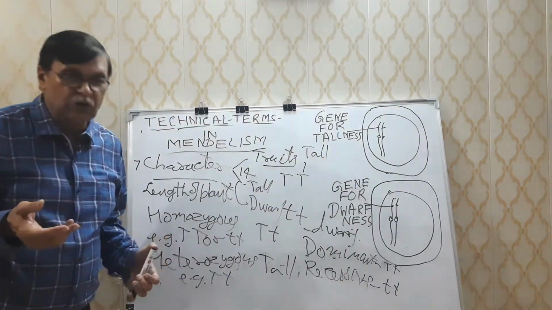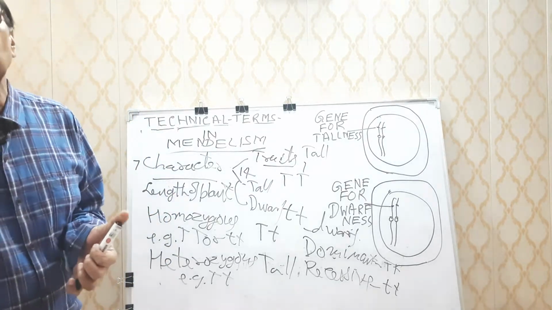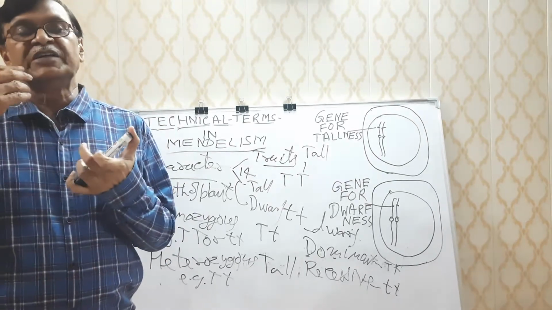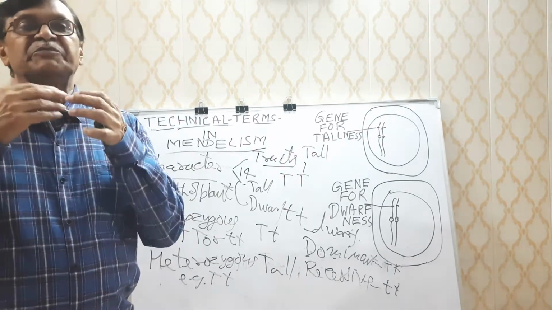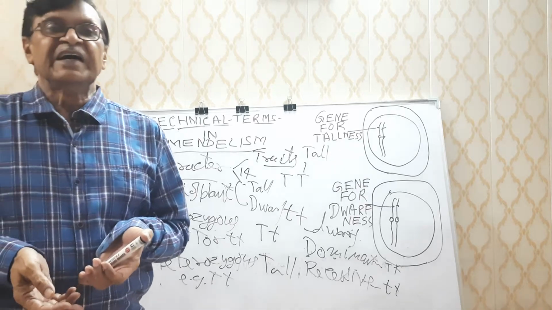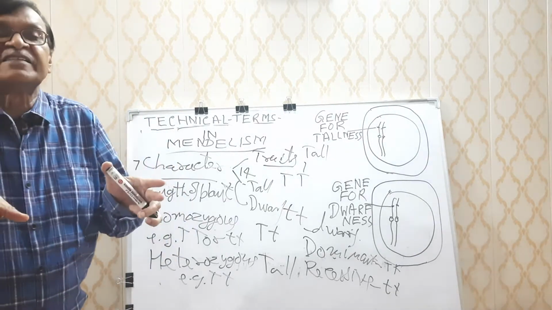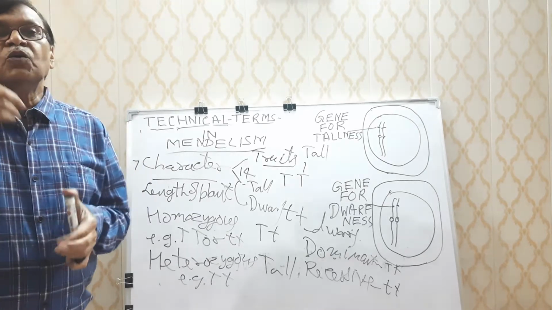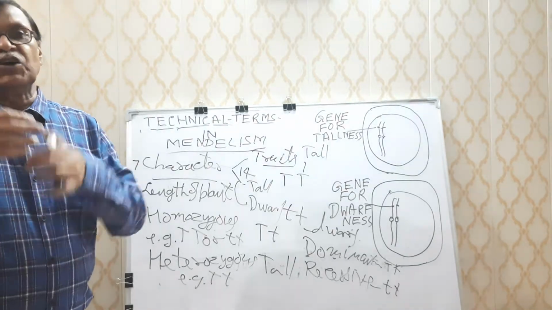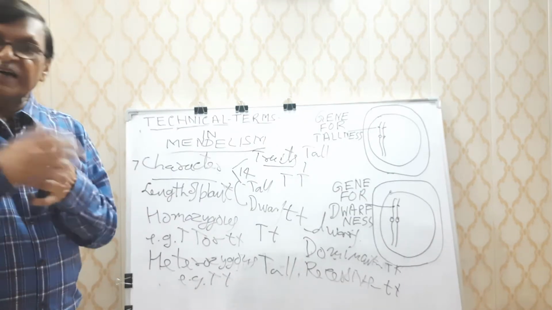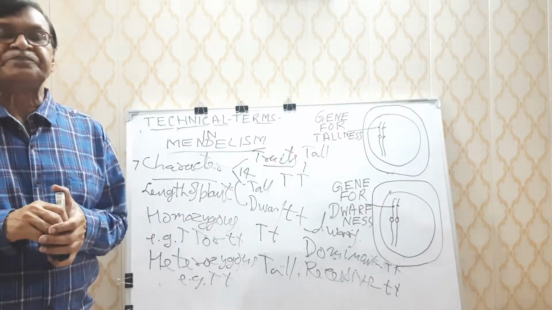So Mendel talked about a dominant trait and a recessive trait. The dominant trait was depicted by a capital letter, the recessive trait was depicted by a small letter. And he said that when factors for both traits are present together, only one of them expresses itself, which is called the dominant trait, and the other one fails to express itself, it is called the recessive factor.